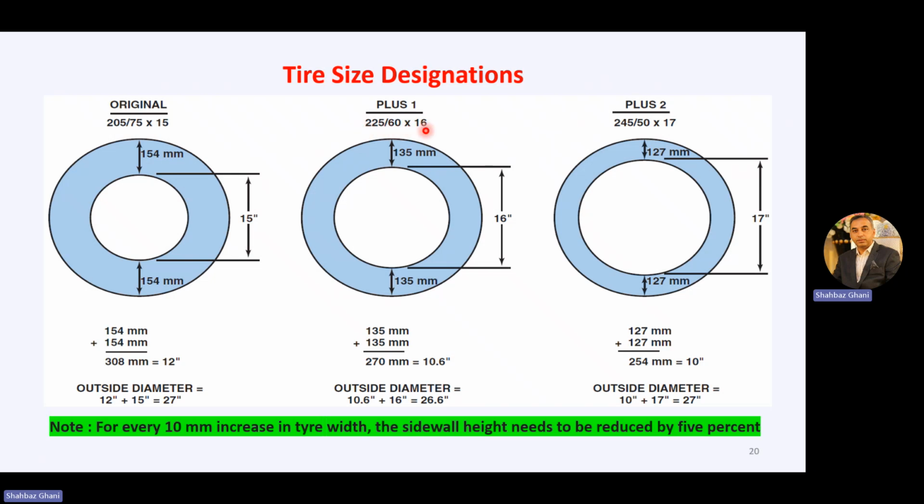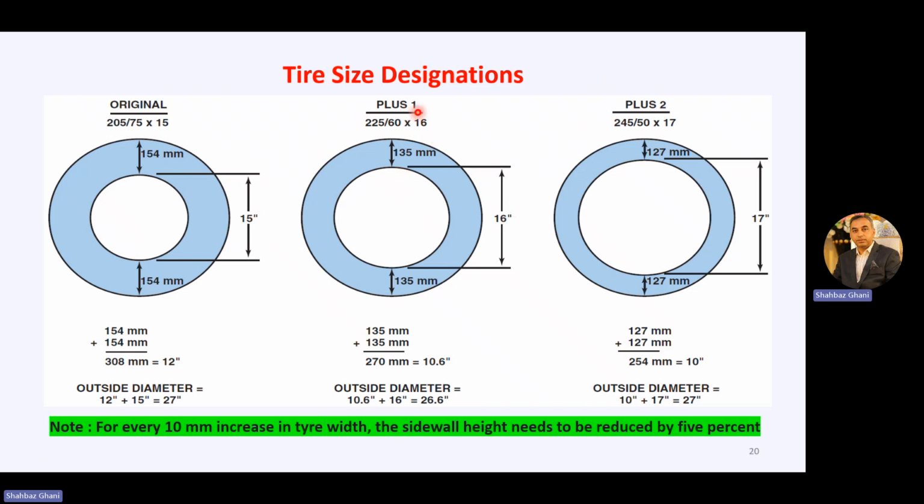Plus 1 size means, if this was the original 15-inch inner dia of the wheel or the rim dia, and we are going on plus 1, then it means we are increasing 1 inch here. So the rim dia or the internal dia of the wheel is from 15 to 16 inch.